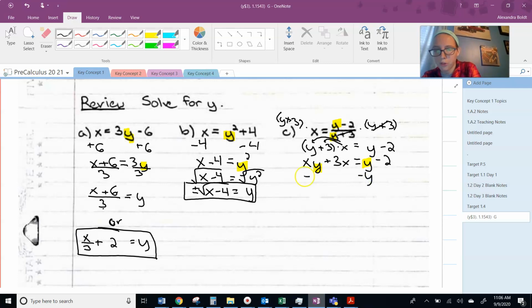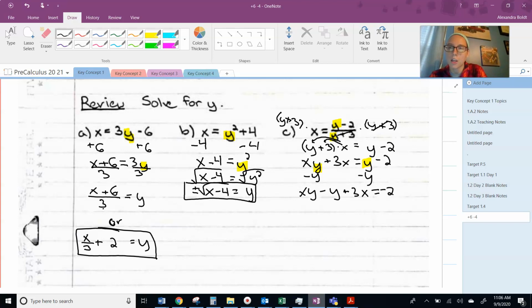So I'm going to subtract y from both sides. Now, xy and 1y, I can't quite combine because the coefficient in front of this one is technically x and this one is y. They're not like terms because one has an x and one doesn't. I want anything that doesn't have a y on the other side.